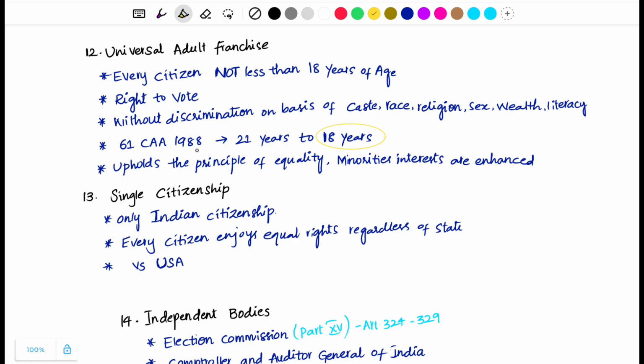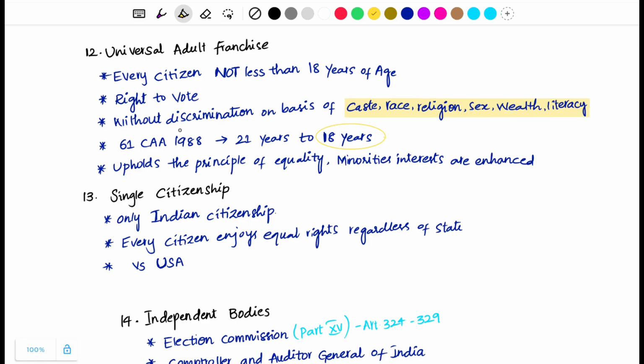There is no discrimination on the basis of caste, race, religion, sex, wealth, or literacy, to give an equal chance to vote, to protect and uphold the self-respect of the masses in this country. The constitutional makers did a beautiful experiment, giving the voting right without discrimination.